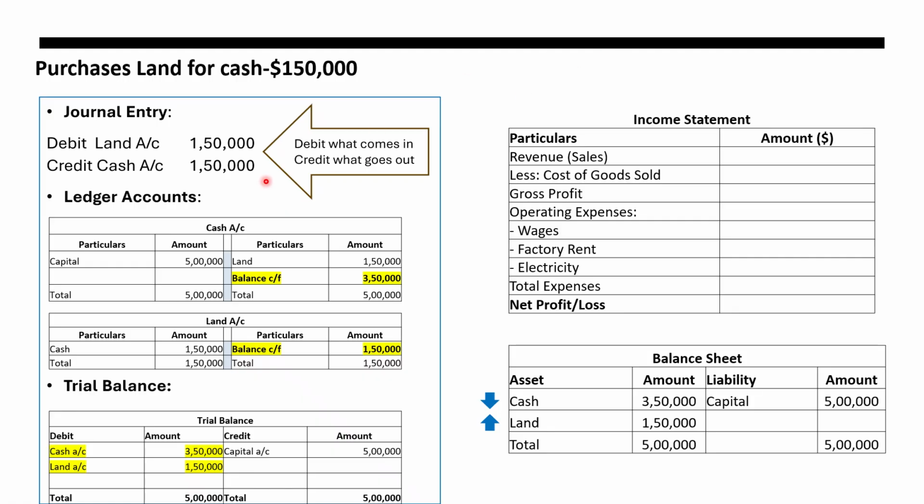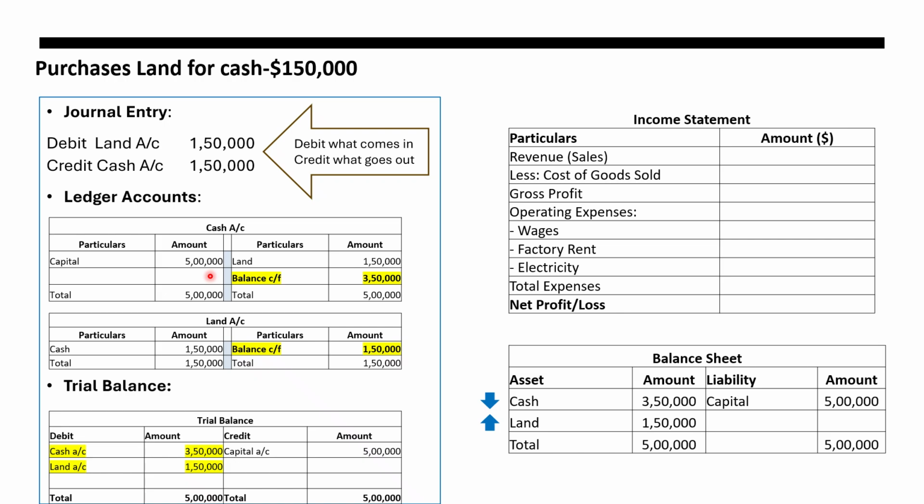Now when we are posting this to ledger accounts, we'll have to create a new ledger account for land because this is the first transaction. And we already have a ledger account for cash where there's already a posting for receipt of capital for 5 lakhs. So there is a debit entry of 5 lakhs.